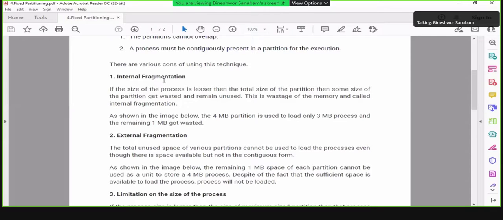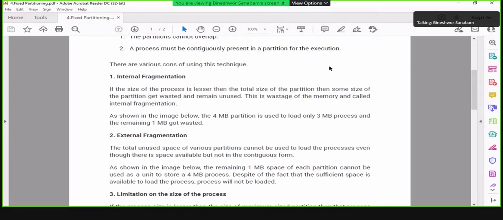Let's look at internal fragmentation. If the size of the process is less than the total size of a partition, then some of the partition gets wasted and remains unused. This wastage of memory is called internal fragmentation. As we mentioned before, in fixed partitioning we have to fix the size of the partition before starting the process.